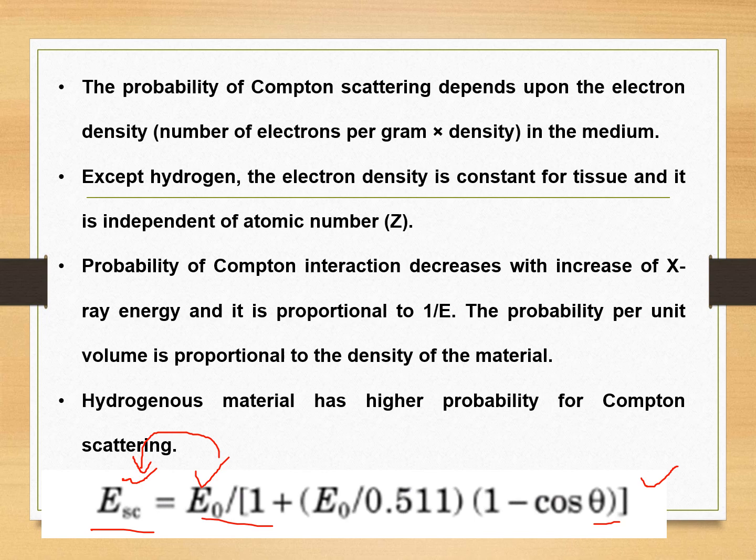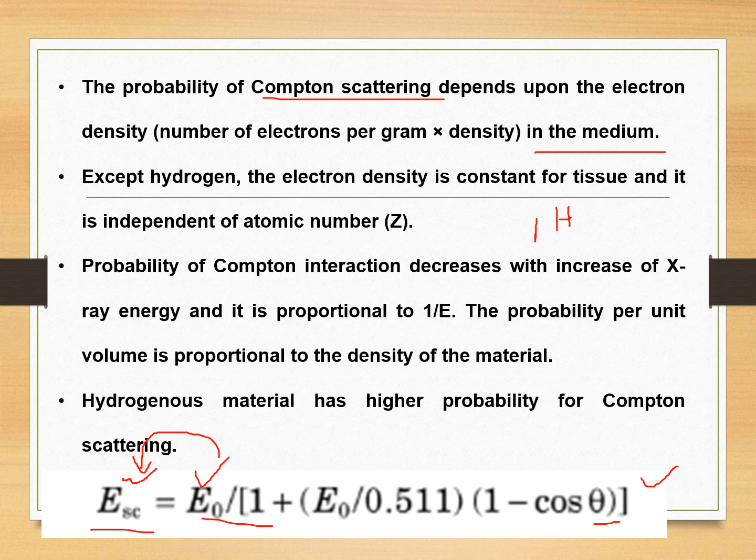Listen here. Compton scattering mainly depends upon the electron density. That means the number of electrons per gram in a medium. In a medium, how many electrons can be present? It does not depend upon the material. For example, except hydrogen, the electron density is constant.